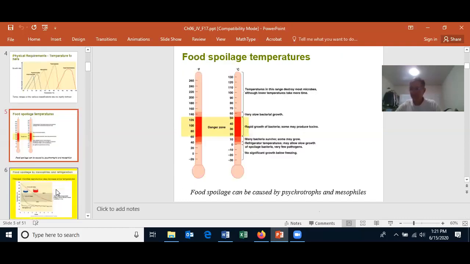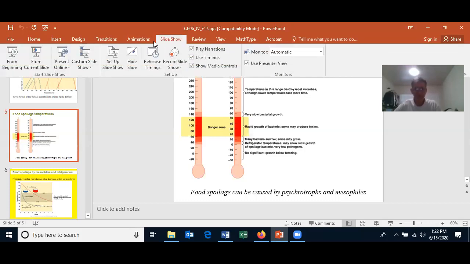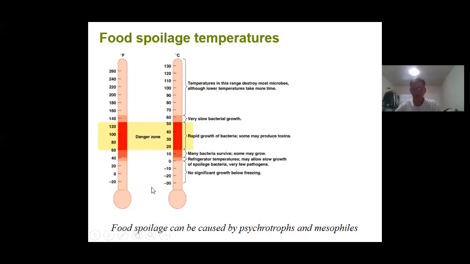When we're talking about temperature, I should briefly talk about the temperature at which food spoilage can happen. Let me blow this up so it's a little more visible. Food spoilage happens rapidly between about 15 degrees Celsius, maybe 17 degrees Celsius, to 51 degrees Celsius.